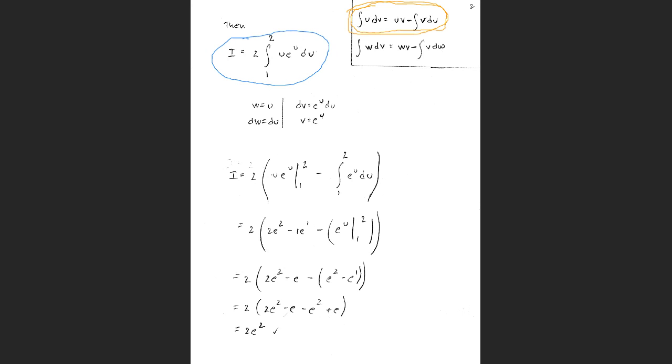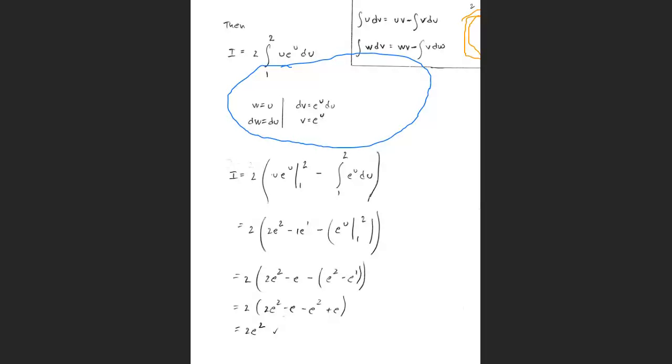My integral is with respect to u. So it would be easier if I chose different variables for my integration by parts.